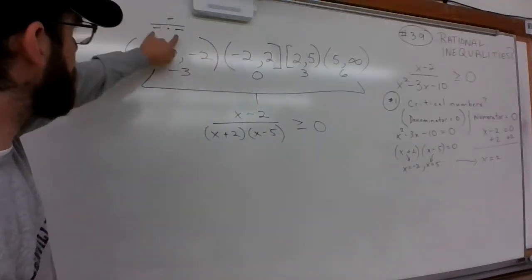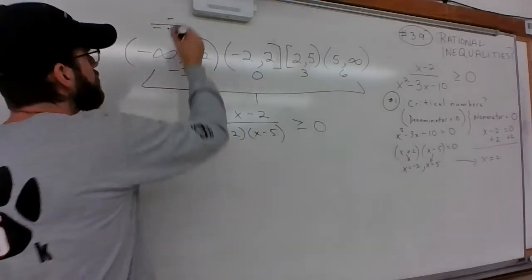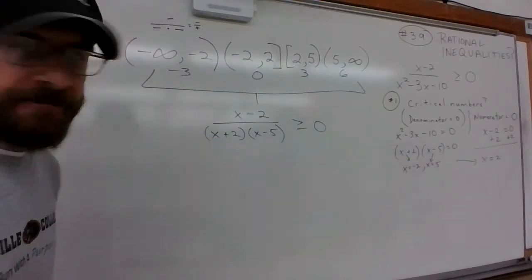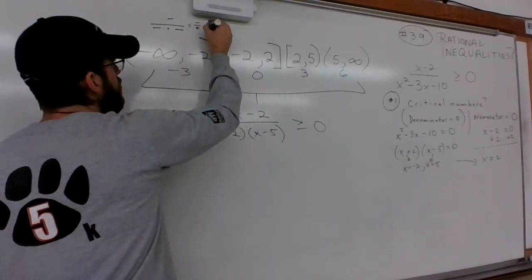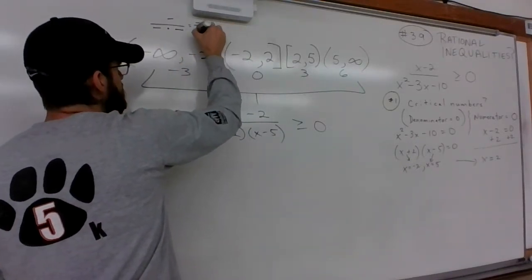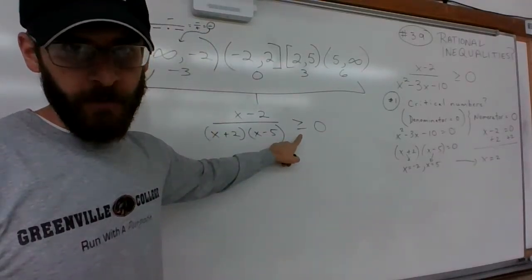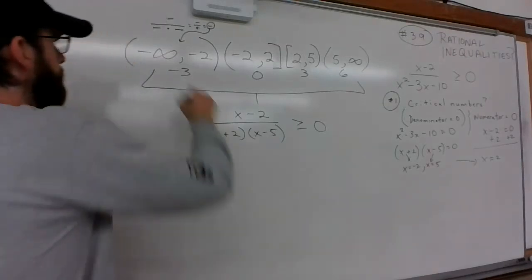So it's a negative divided by a positive, which is a negative. So this one right here is negative. We want greater than or equal to 0, which would not be a negative number.